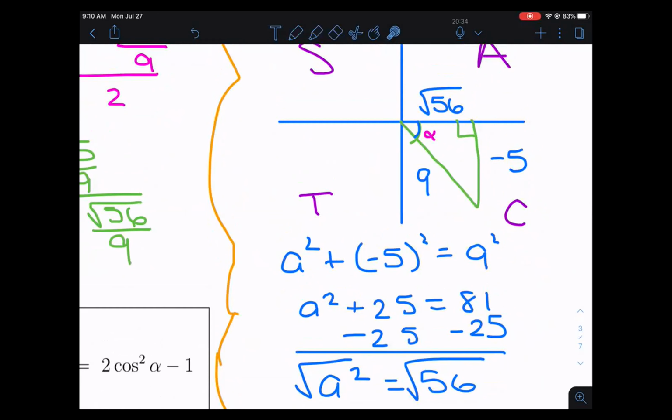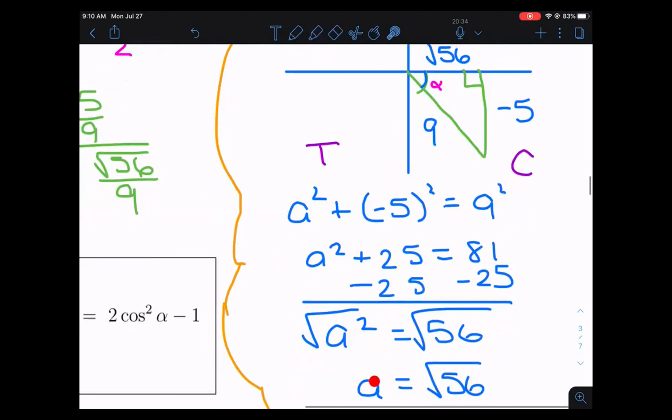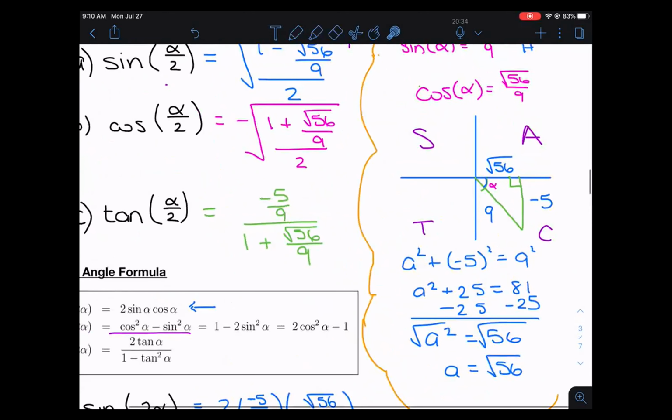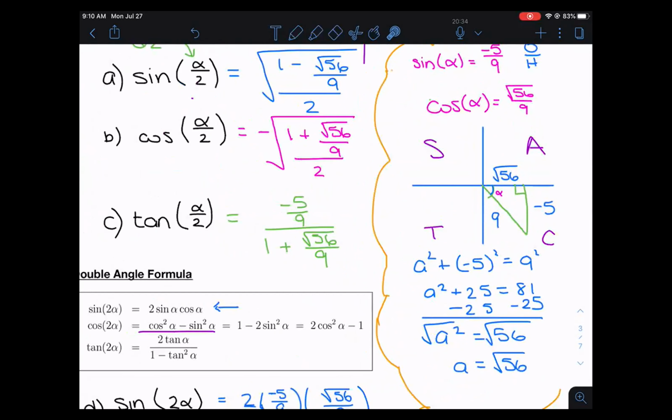You can subtract 25 from both sides, and that gives you a squared equal to 56. So you can take the square root of both sides, and that gives you a equal to the square root of 56. So that's how you can get this side.